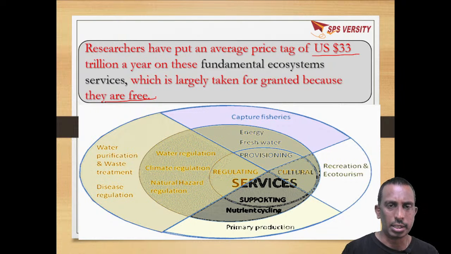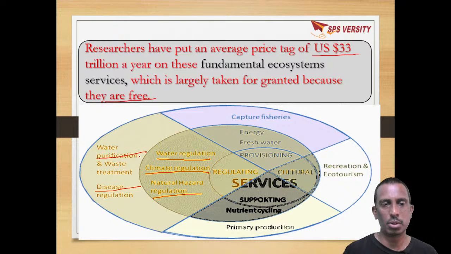Here you can see the ecosystem services: regulating services like water regulation, climate regulation, natural hazard regulation, disease regulation, water purification, and wastewater treatment. Provisioning services like energy, freshwater, and capture fisheries. Cultural services like recreation and ecotourism. And supporting services like nutrient cycling and primary production.